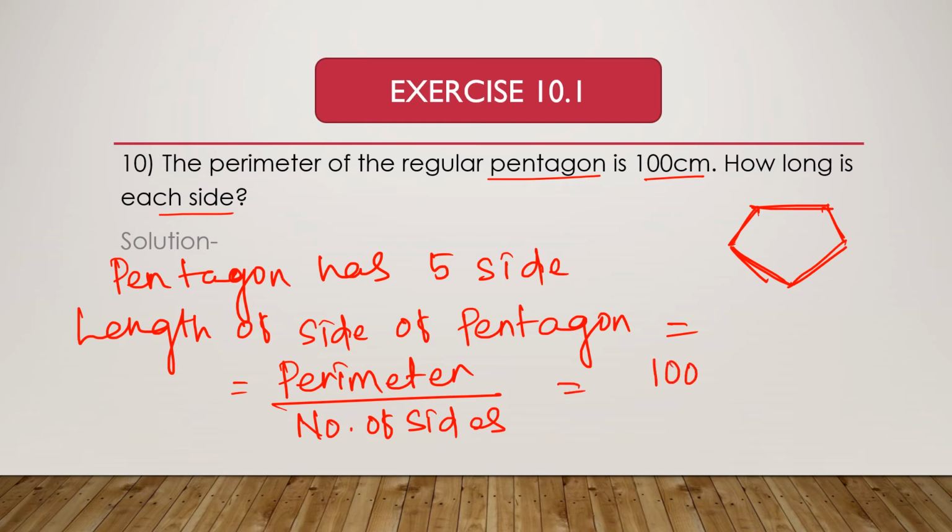Perimeter is 100 centimeter divided by number of sides is 5, that is 20 centimeter. So length of side of the pentagon is 20 centimeter.